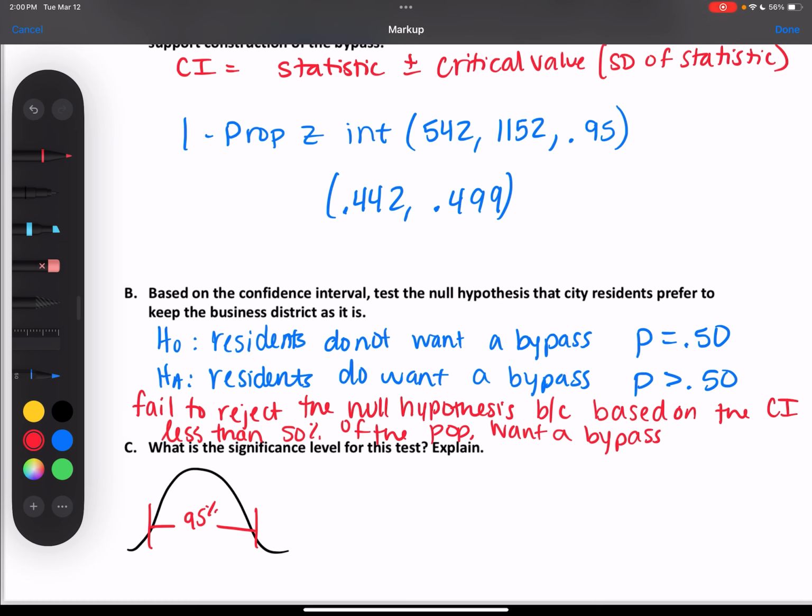Quick math. However, this is a what test? Right tail. It's right-tailed, meaning I only care about this region over here. So it's a right-tail test or a one-tail test. But this 5% is for two tails, so what is my one tail? Half of 5 percentage points. So 2.5% or an alpha of 0.025.